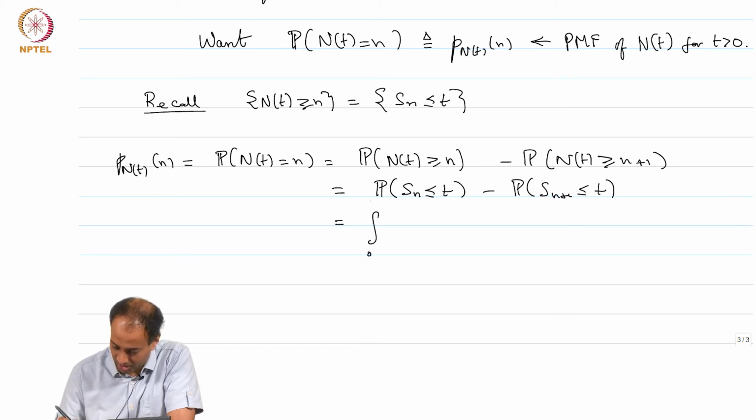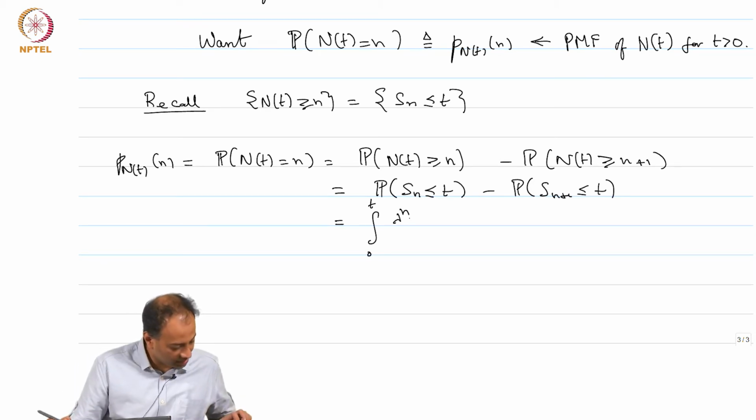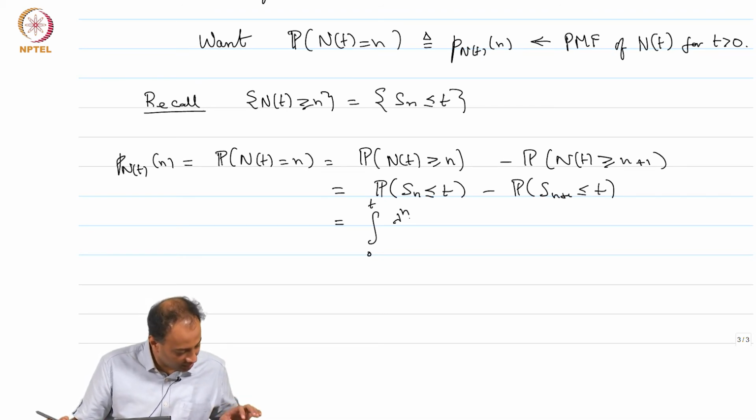So, this you can write as integral 0 to t of lambda to the n. Now, I have to look at the Erlang density again. I do not remember it off the top of my head.